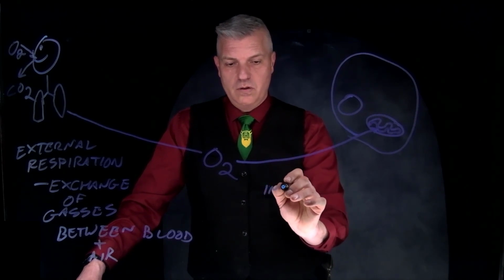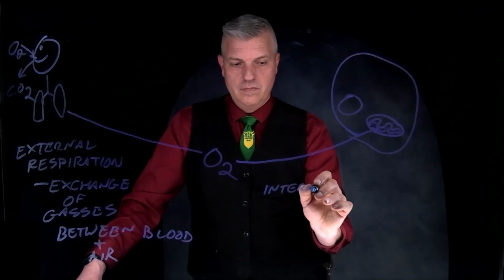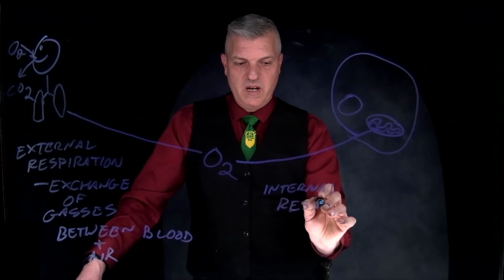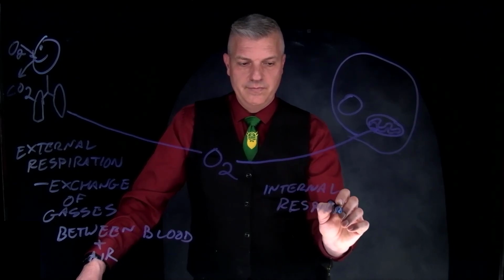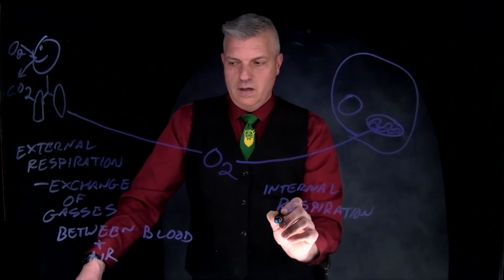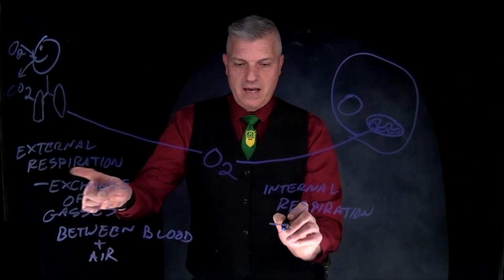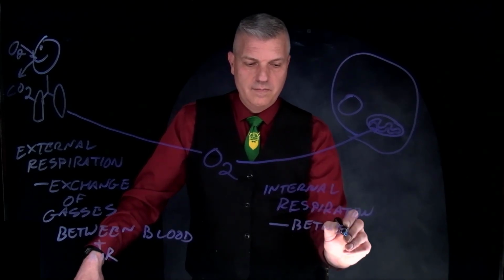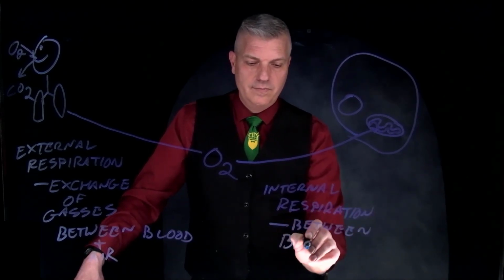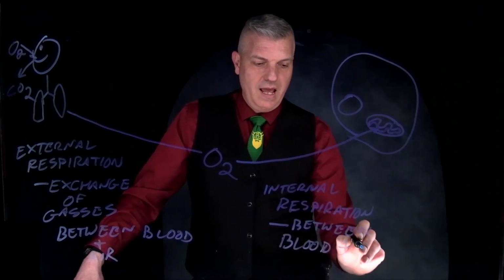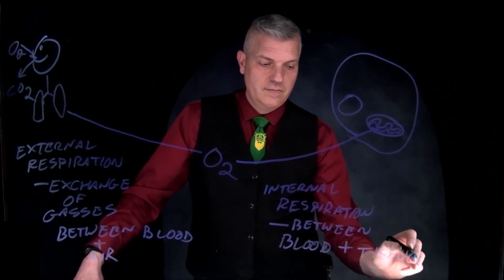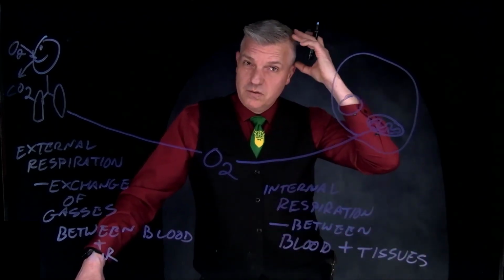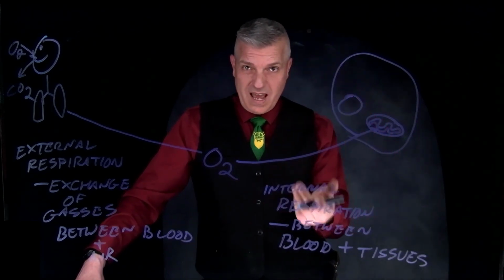It's called internal respiration. And that is exchange of gases again, but this time between blood and tissues. Whether it's muscle tissue in one of your muscles or nervous tissue inside of your brain, the exchange of gases between that tissue and the bloodstream.